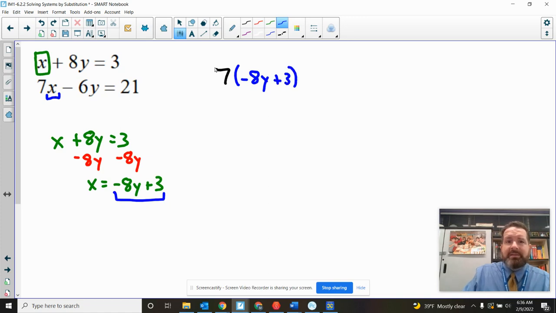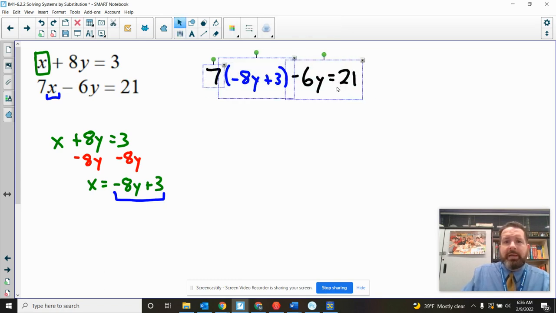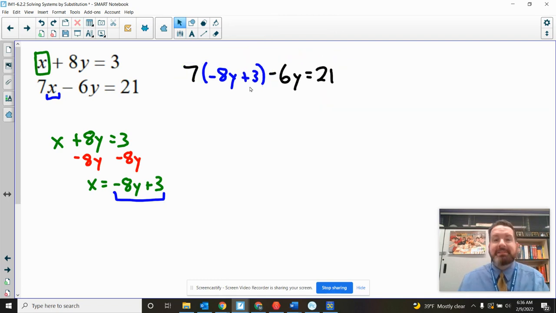So 7x becomes 7 times negative 8y plus 3 in parentheses. The rest of the equation, leave it the same. Minus 6y equals 21. Now here's why we did that. Now we have an equation with only y's. This is an equation you can solve and get a number for the y.